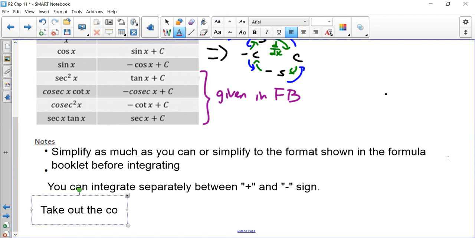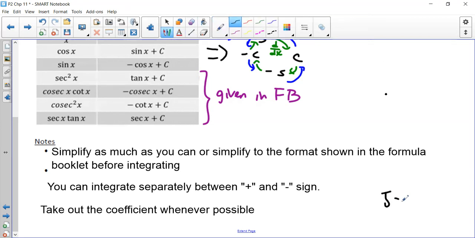Take out the coefficient whenever possible, because the coefficient later on will be a confusing number for you to integrate. But we know that the coefficient has nothing to do with the integration, just like differentiation. For example, let's say y equals 5x squared.